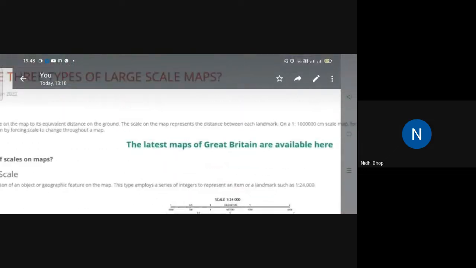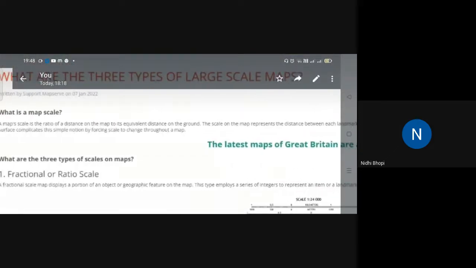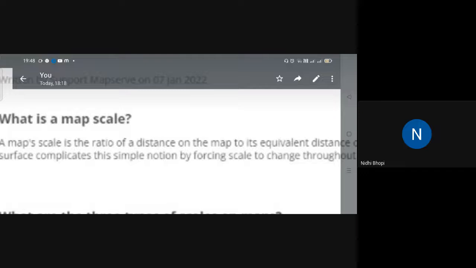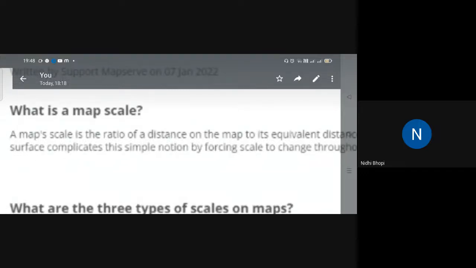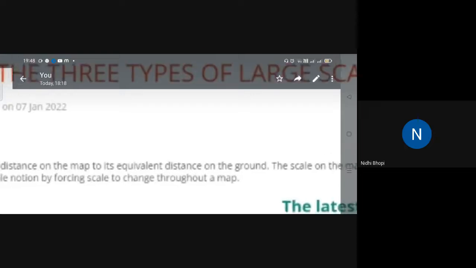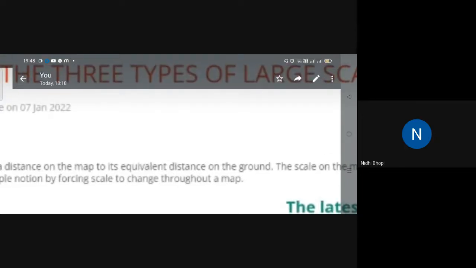Then the most important thing, the scale. What is a map scale? Now you can see on my screen. Map scale is the ratio of a distance on the map to its equivalent distance on the ground. On paper, if your teacher says draw a 5 centimeter line, you take the scale, measure 5 centimeter and draw the line.